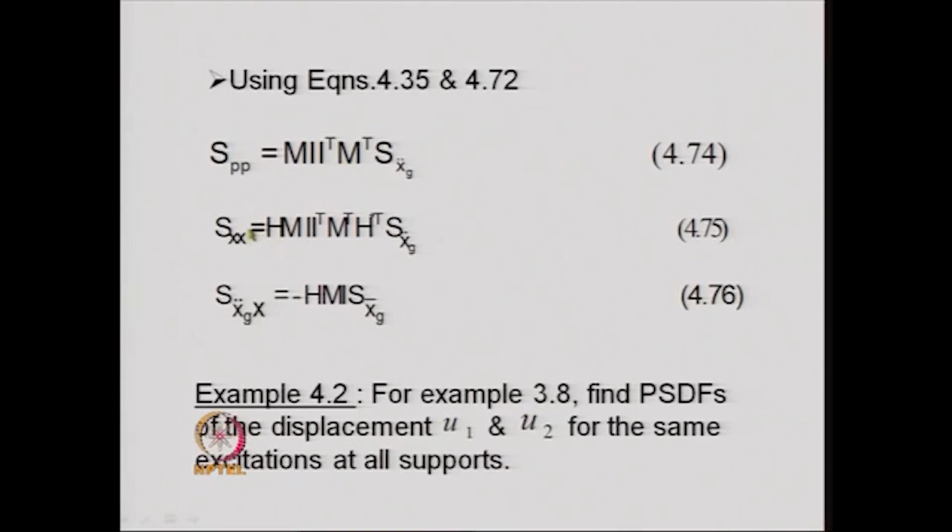Now, with the help of this relationship that we obtain for SPP, the SXX, that is the power spectral density function matrix of the response, can be written in this particular form, that is H M I, then I^T M^T H star T into S x double dot G, where S x double dot G is the power spectral density function of the ground motion.